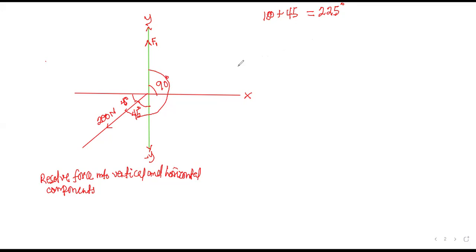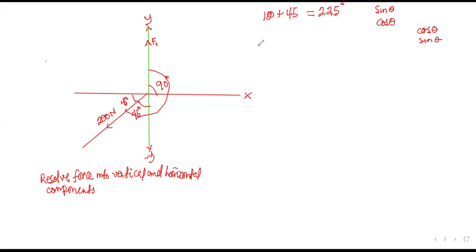So I earlier also said that if you want to use the angle it makes with the y-axis, the order is sine of the angle and cosine of the angle. If you want to use the angle it makes with the x, it is cos, sine. Do not forget this.